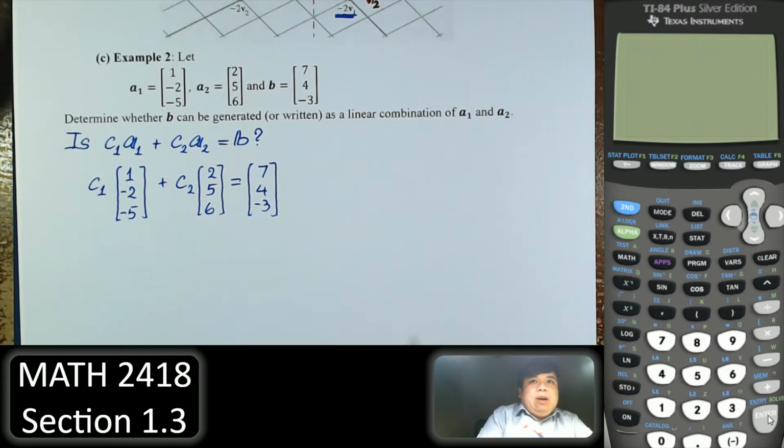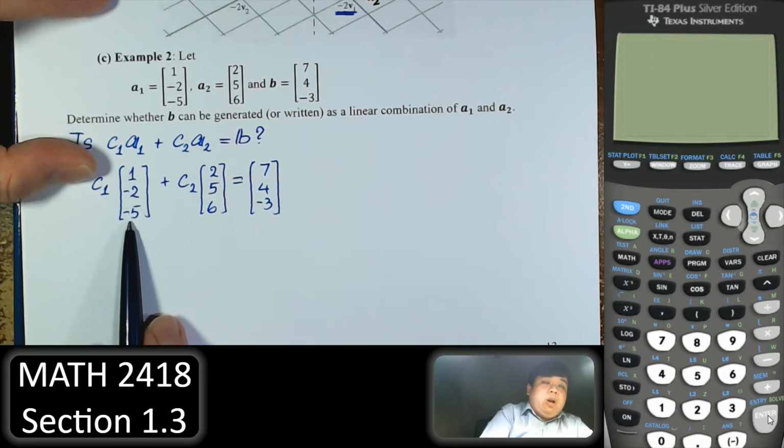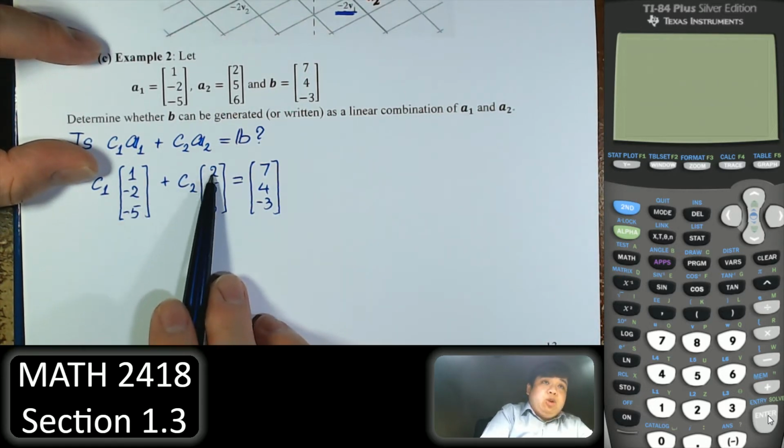Right. Now, combine the vectors. We multiply c1 to all of the components of vector a1 and c2 to the components of a2.